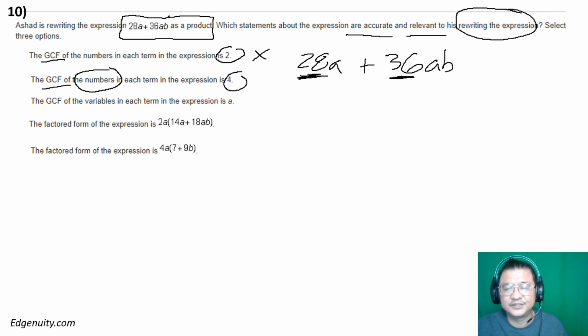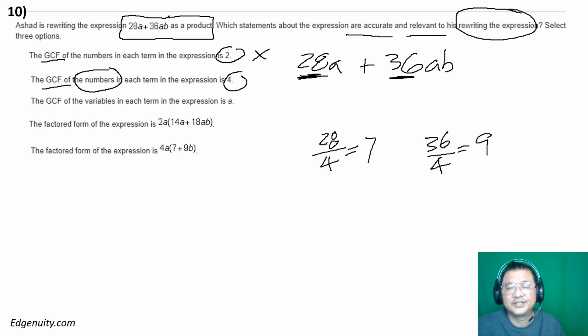Is that the greatest number I could divide them with? 28 divided by 4 is 7, correct? 36 divided by 4 is 9. Is there a number greater than 4? 5? No, not 5, not 6, not 7, not 8. So this makes sense. So this is a correct answer. What else?